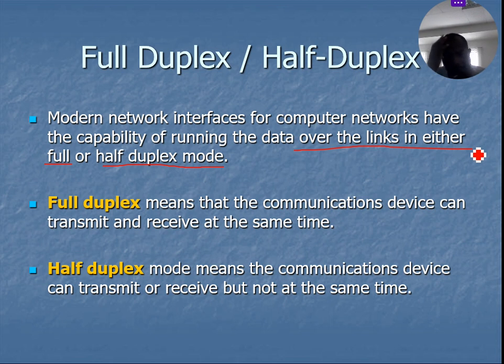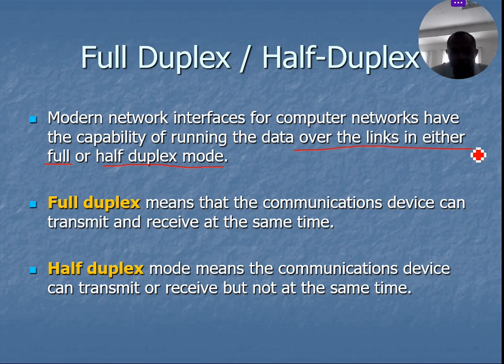We're going to now look at the differences between a full duplex mode and a half duplex mode for transmitting data in a data link. A full duplex mode means that the communication devices on the network can transmit and receive data at the same time.